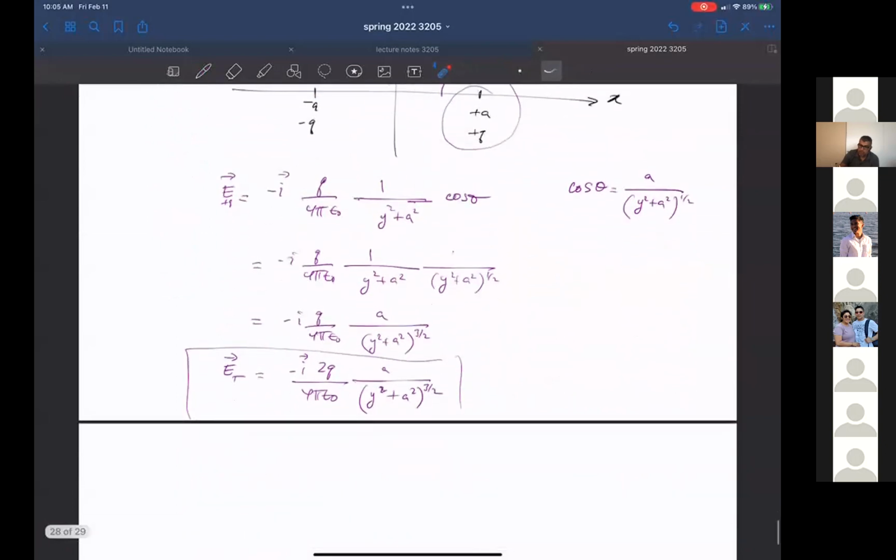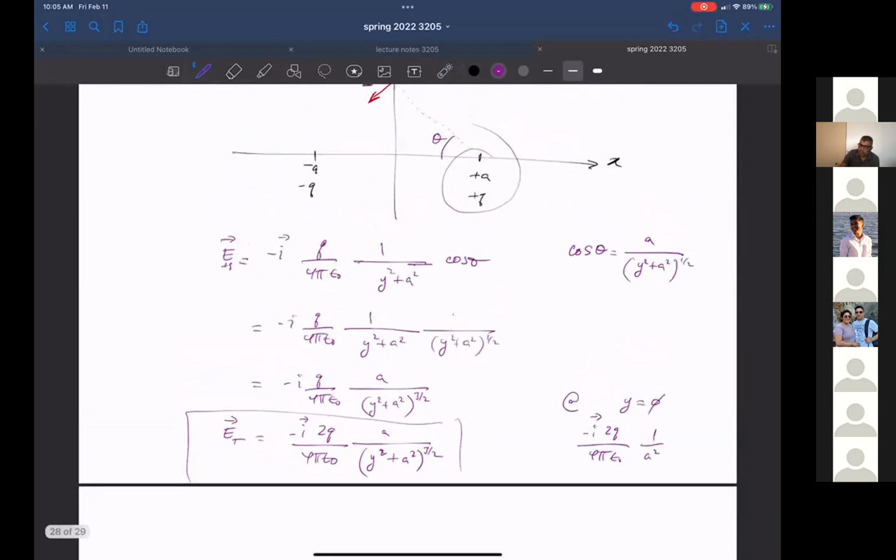So at y equal to 0, what do you end up with? You end up with minus i 2q over 4 pi epsilon naught, 1 over a squared. So you end up with this electric field here pointing in this direction.